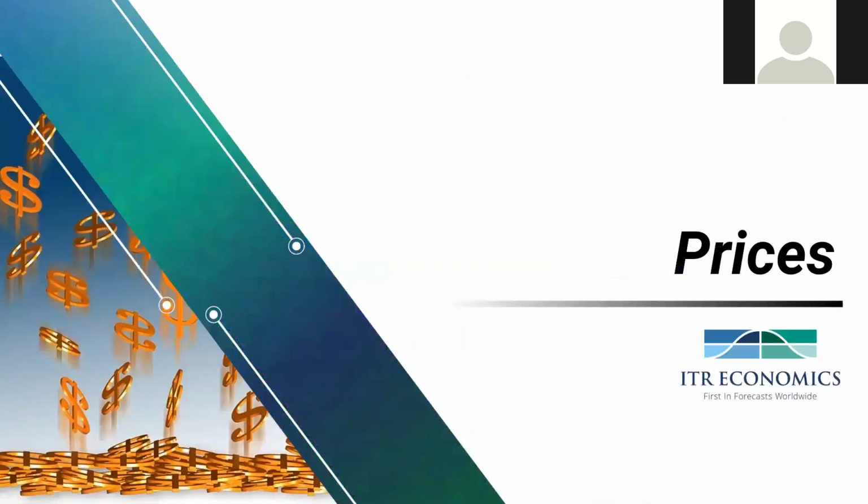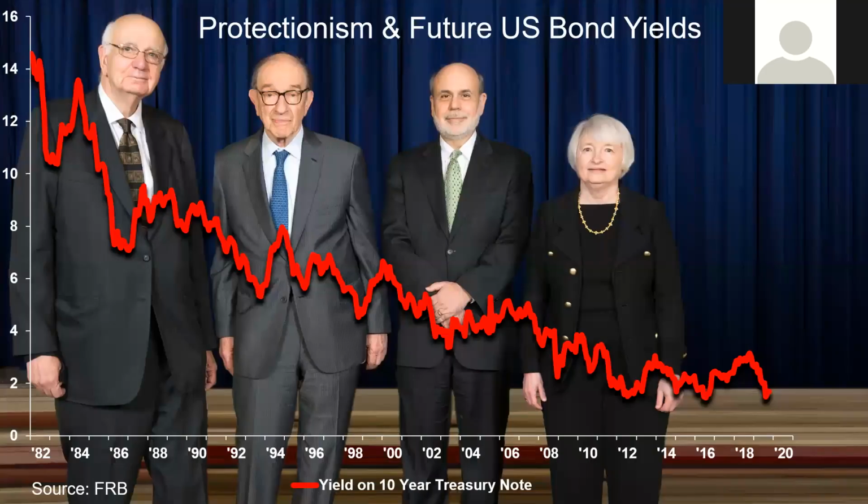All right, let's talk about prices quickly. A large impact, at least, when we look at prices is the interest rate environment. So our interest rate expectations and forecasts is 100% driven by the height of the Federal Reserve Chairman at the time.